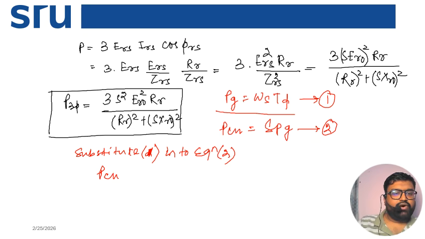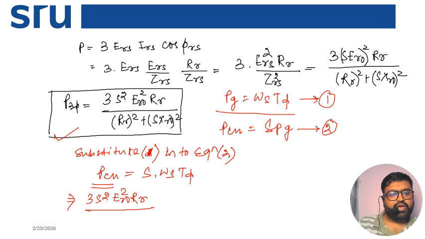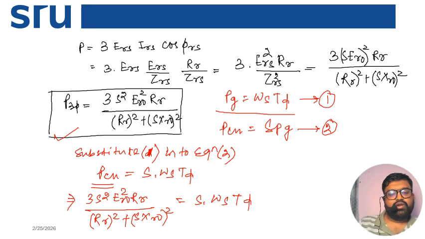That P copper equal to S into Pg. Pg is your omega S into Td. Then copper loss, we developed the power here. Then put this formula here, that is nothing but 3 into S square ER0 square, that is your RR divided by RR whole square plus S into XR0 square, that is equal to S into omega S into Td.